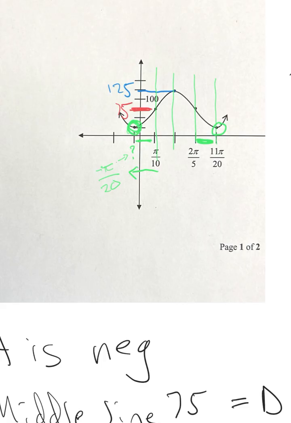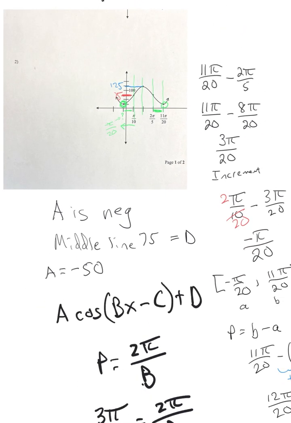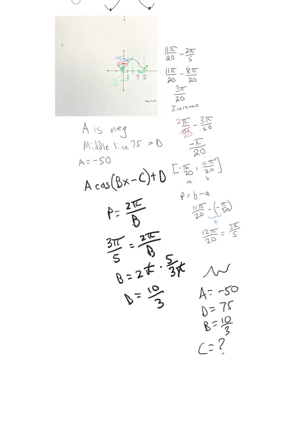So remember, in our final formula, that left shift ends up looking like a plus. Instead of a minus c, technically c is going to be a negative value, but then minus the c is going to be a plus in our final result.